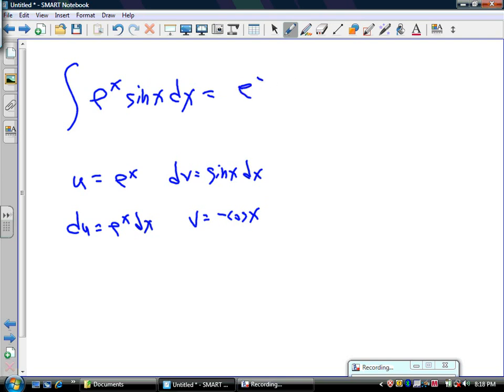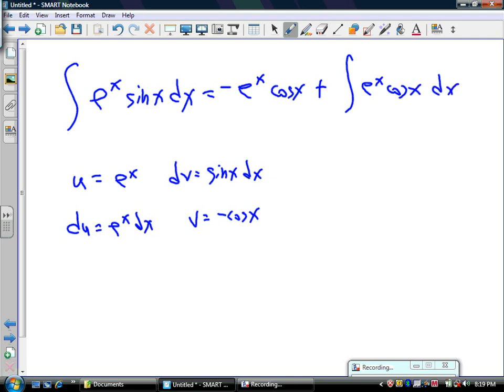E to the x times negative cosine. Minus the integral of what times what? Negative cosine times e to the x dx. If I do negative cosine e to the x dx, it's negative, but I'm subtracting a negative, so I'm really adding it.